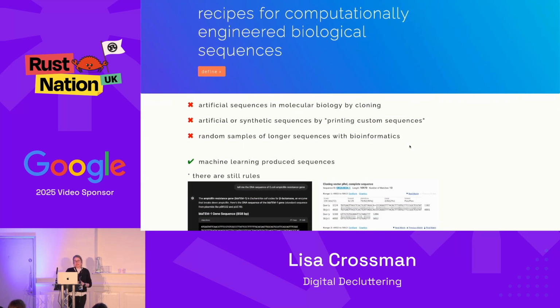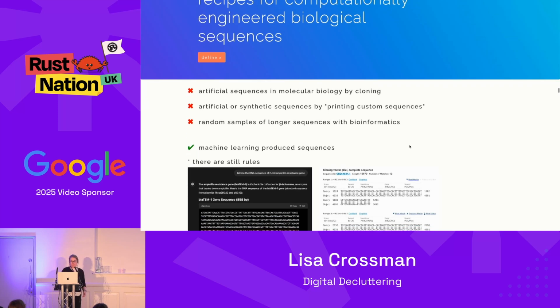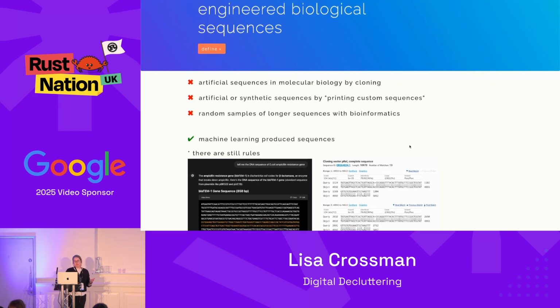So I'm quite interested in the idea of computationally engineered biological sequences, which seems a bit of a mouthful, but I'm trying to describe what I mean to people. People often call some sequences artificial sequences in molecular biology, and they're talking about cloning physical sequences. So they're chopping bits of DNA and adding them to other bits of DNA. I'm not talking about that.